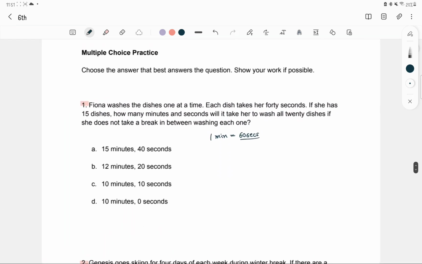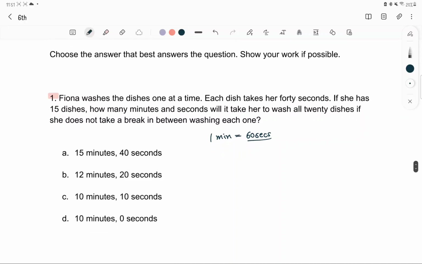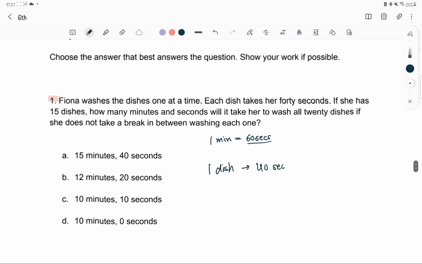So let's quickly go over multiple choice practices and word problems. So Fiona washes the dishes one at a time. Each dish takes her 40 seconds. So one dish takes 40 seconds.